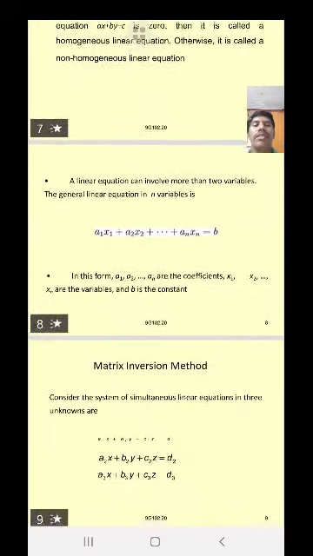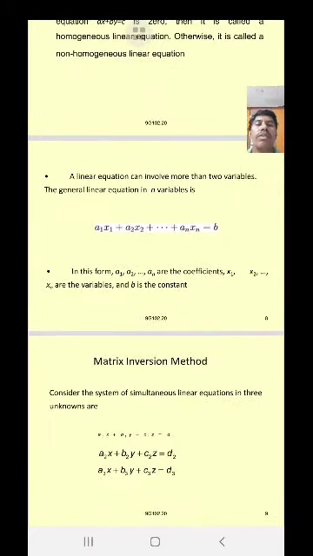A linear equation can involve more than two variables. The general linear equation in n variables is a1x1 plus a2x2 plus a3x3 and so on, plus anxn equals b.